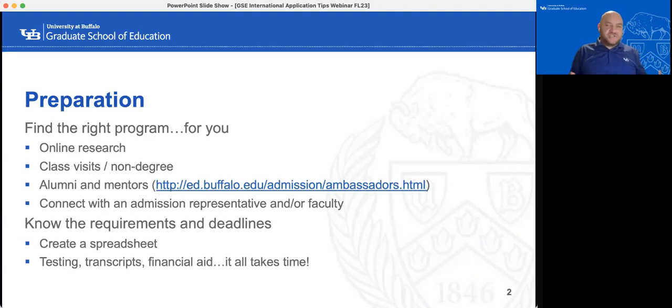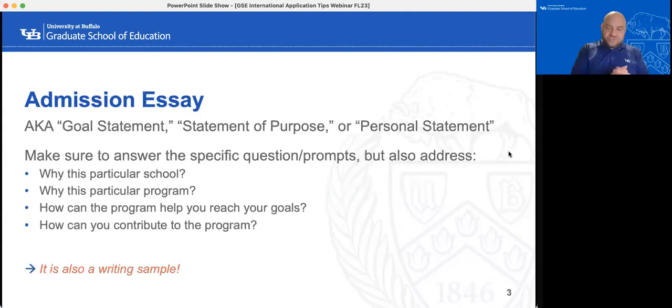Every school is going to ask for different requirements, different letters of recommendation, different transcripts, different admissions essays, different components all across the spectrum. So being organized, using time management skills to make sure that you don't miss some of the key components, is a really critical part of the admissions process.